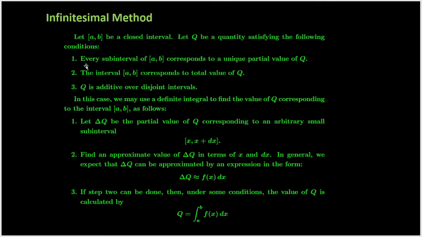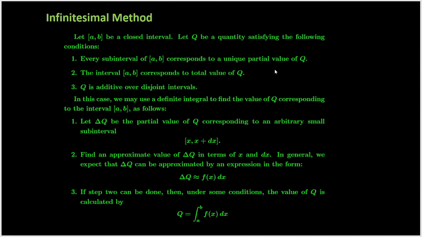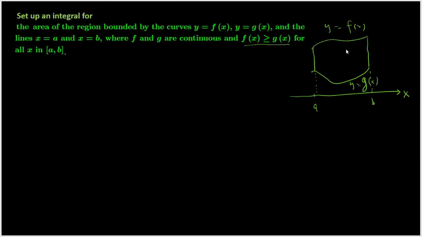The first condition is every subinterval of [a, b] corresponds to a unique partial value of Q. Now we are going to use Q to denote the area of the region. In general the area of a region is denoted by A, but to be consistent with the notation in the step procedures, I'm going to use Q to denote the quantity, the area of the plane region.